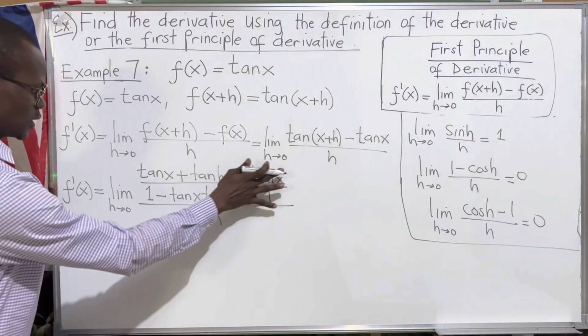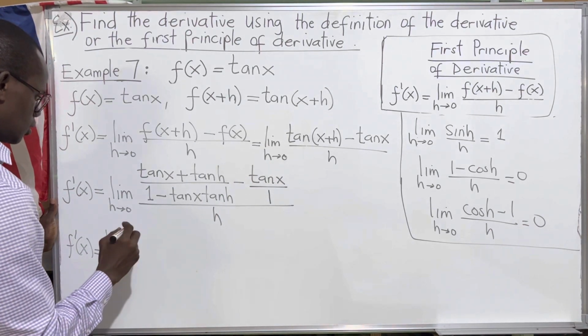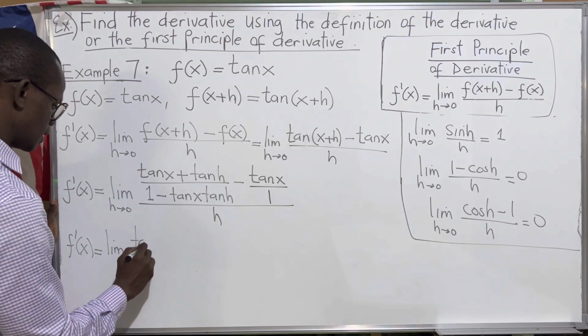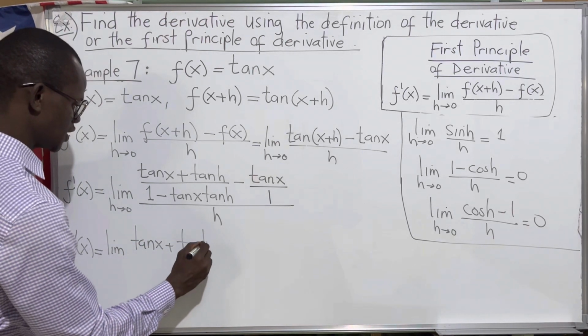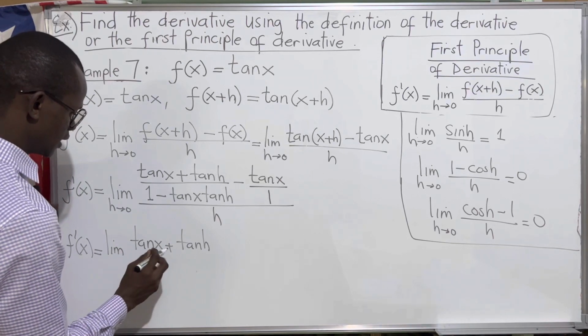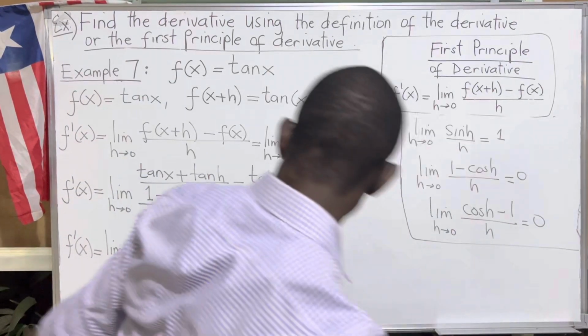We can simplify the numerator. We have tangent of x plus tangent of h. Now let's find the LCD for it.